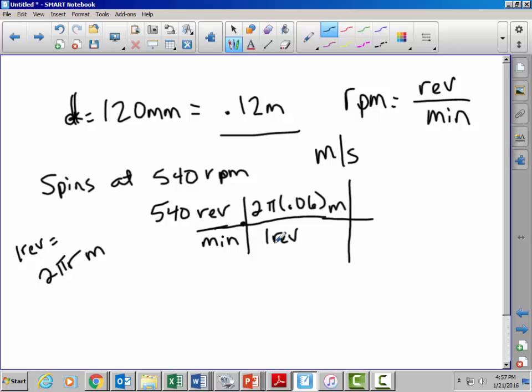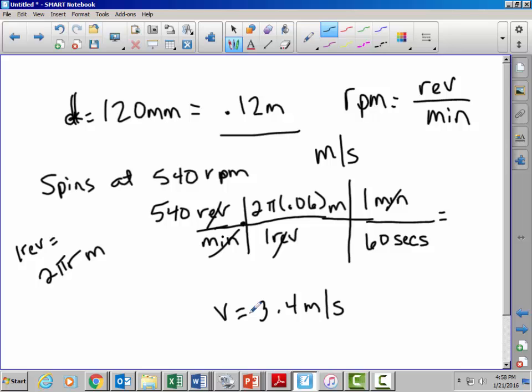So our revolutions will cancel out. Now we need to cancel out our minutes. So 1 minute, 60 seconds. Minutes cancel out, revolutions cancel out. We should end up with a velocity of 3.4 meters per second.